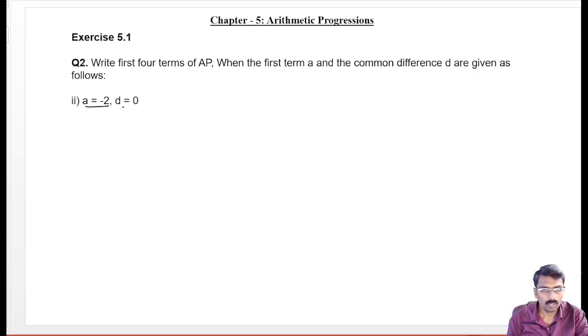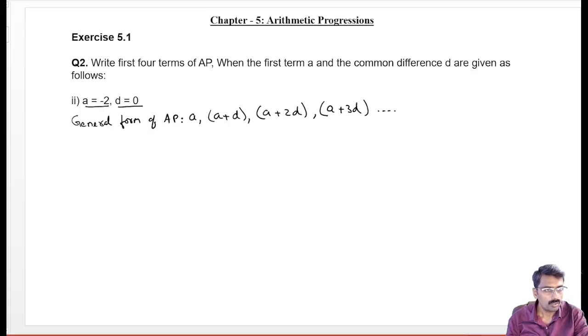a is -2 and d is 0. So we know the general form. Form of AP is a, a plus d, a plus 2d, a plus 3d, and so on until nth term.